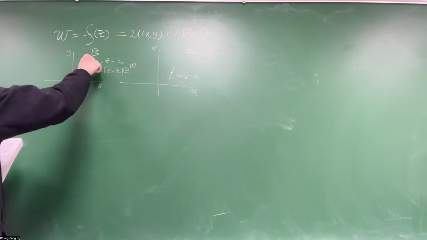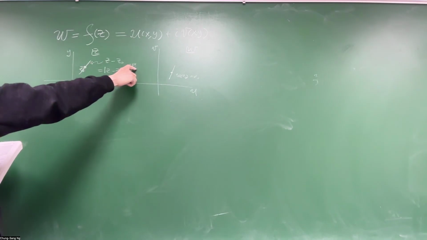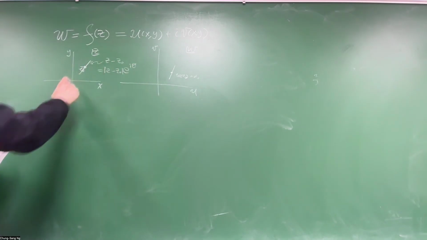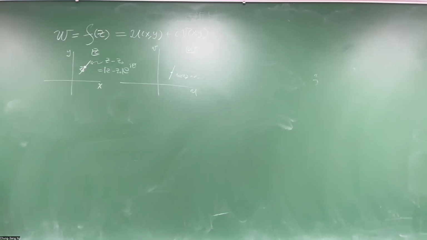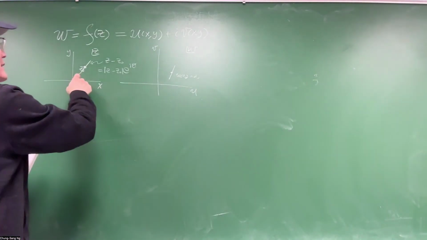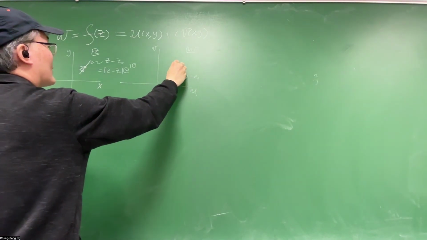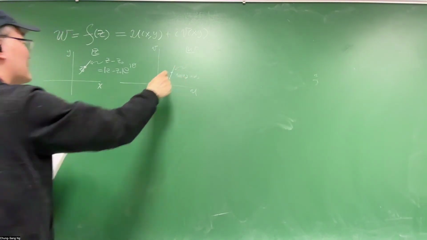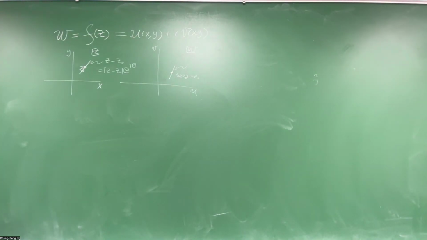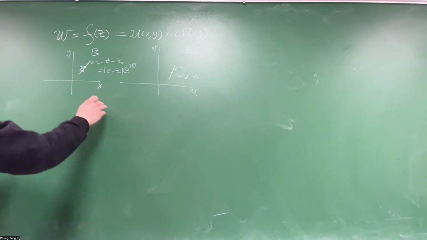And in this case, because it's a straight line, this phase is constant along the straight line. Then you can figure out what the equation would be for this straight line after you map to the W plane. And what you do is just straightforward.